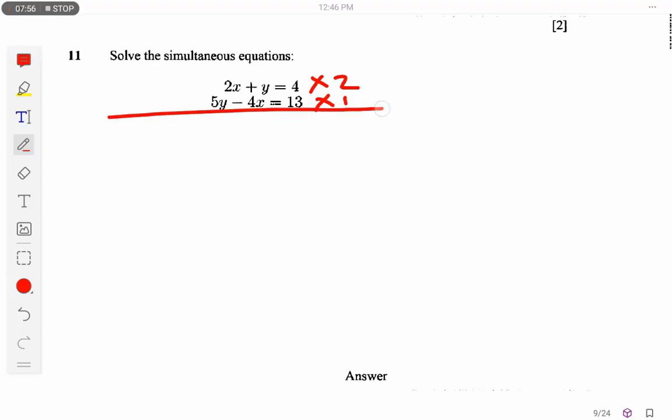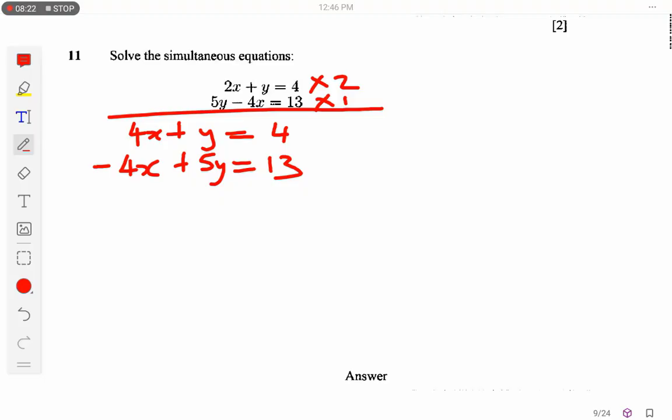When I do that, I'll get 4x plus y is equal to 4. The next one will remain the same, but I have to arrange it so that I have the x's and the y's aligned. It's going to be minus 4x plus 5y is equal to 13.